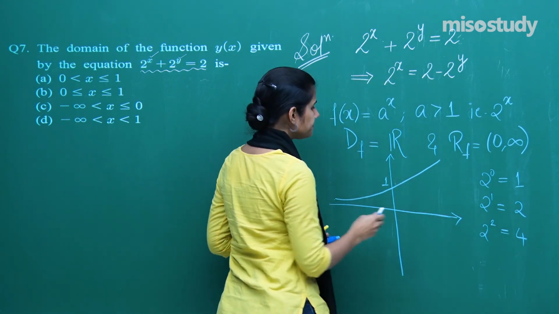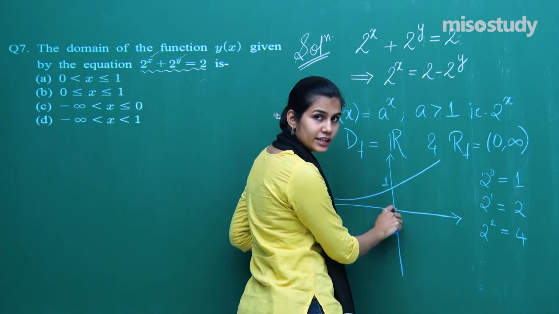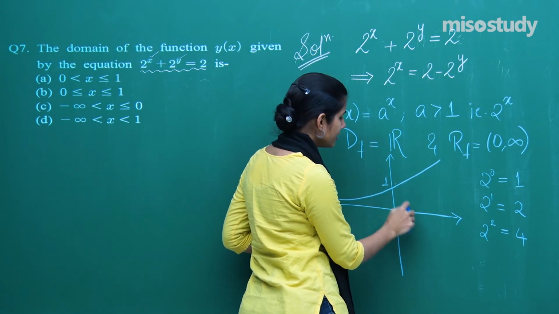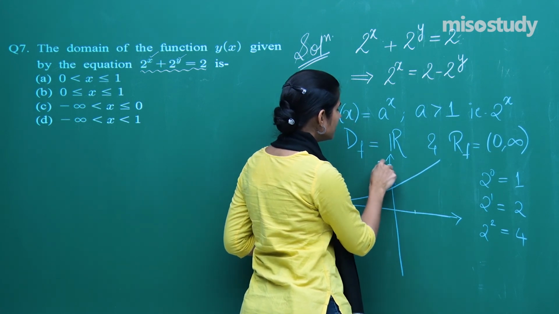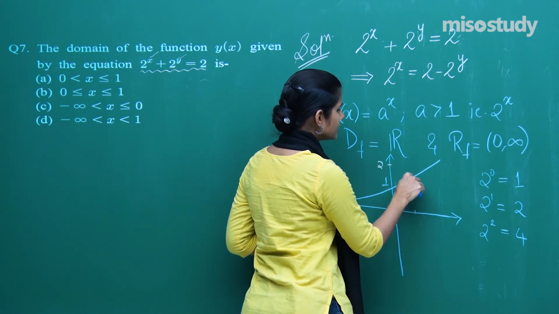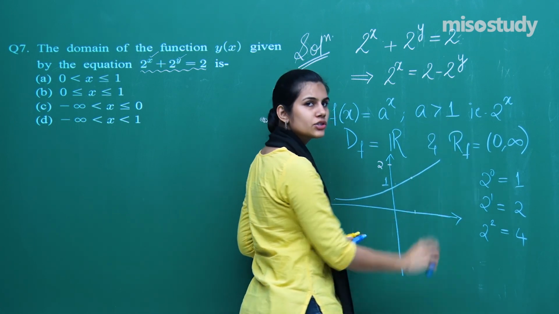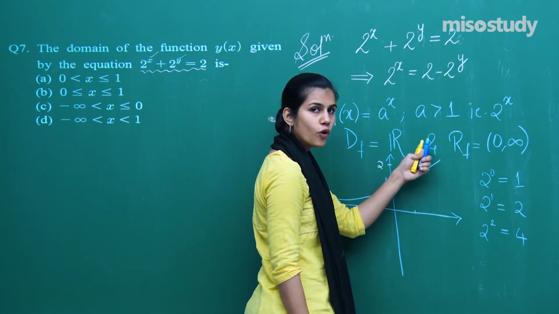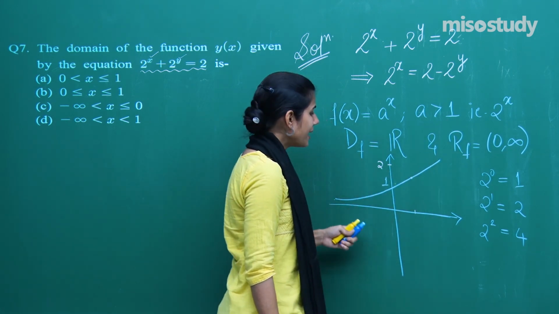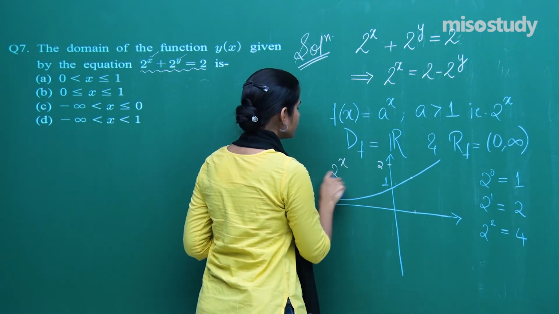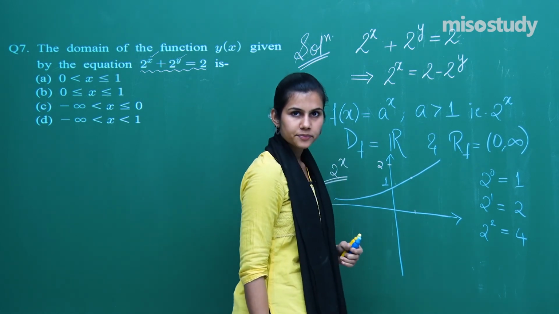This means at the point 0, 2 to the power x is 1. At the point 1, 2 to the power x is 2. At the point 2, it's 4, and so on. That is the behavior of the function 2 to the power x graphically.